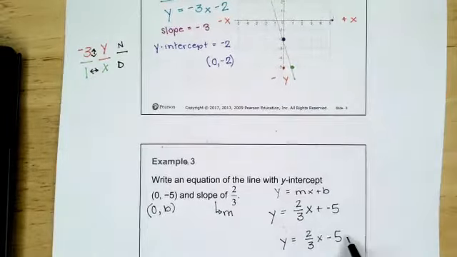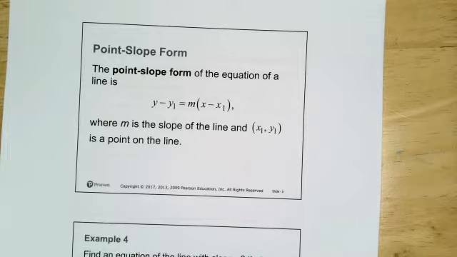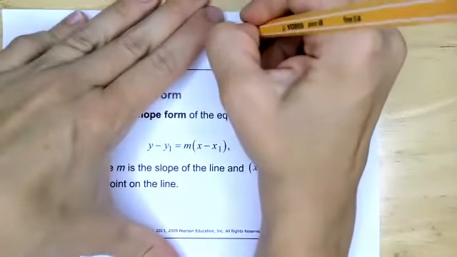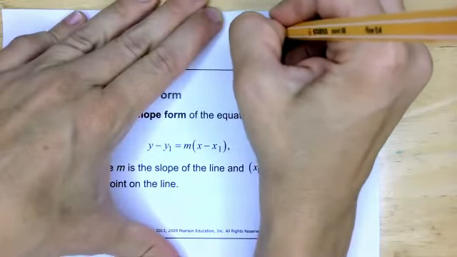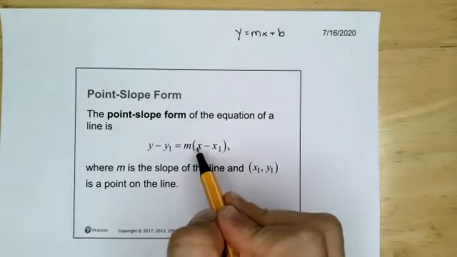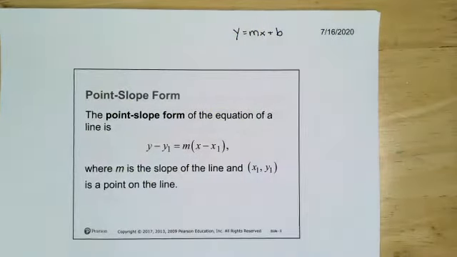Okay. Point slope form, there's going to be one question on the exam. So if you're pressed for time, I'm not saying don't learn it, but it's the same thing as y equals mx plus b, except we're going to say y minus y1 equals m times x minus x1, because instead of knowing our y-intercept, we know some other different point.